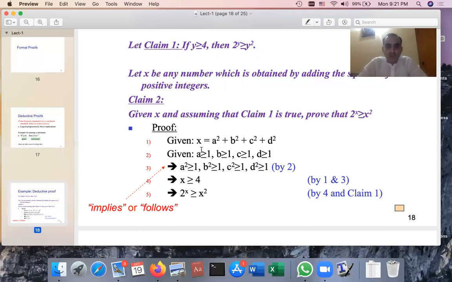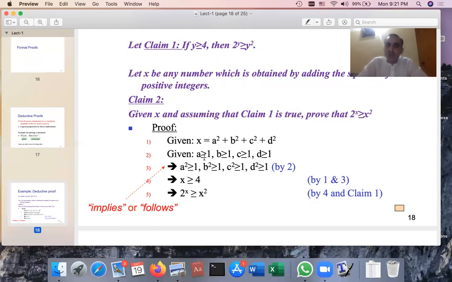So that's why we are writing here that a is greater than or equal to 1, b is greater than or equal to 1, c is greater than or equal to 1, and d is greater than or equal to 1. So this is the minimum positive integer value that can be given to these variables a, b, c, and d.